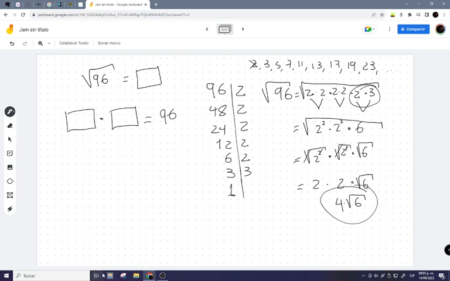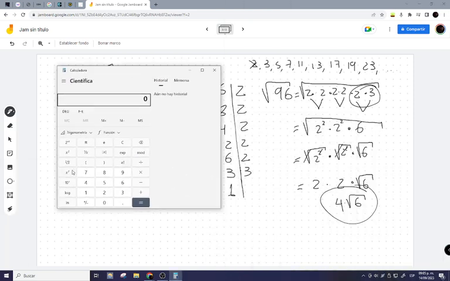Because, okay, now let's use the calculator. Let's see what happens if we do square root of 96. Wait, what happened? Okay, yeah, 96 now, square root. It's 9.7979589727123 like all of that.